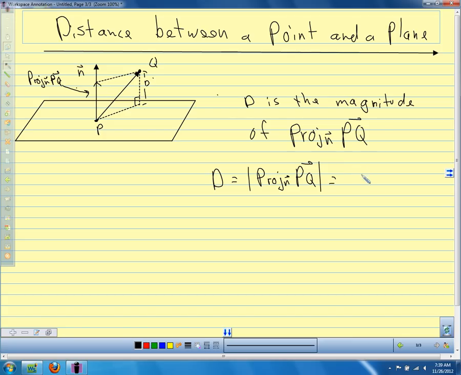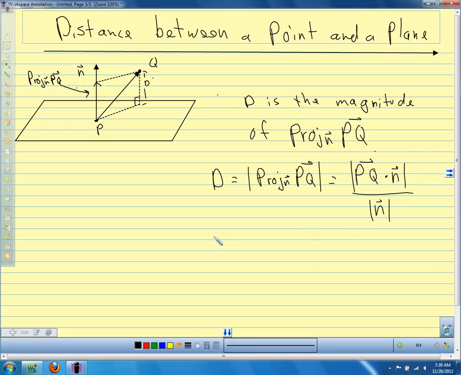It's a dot product. That's PQ dot N. And we have to do one other thing. Divided by the magnitude of the normal vector. So this is how we find our distance between a point and a plane.